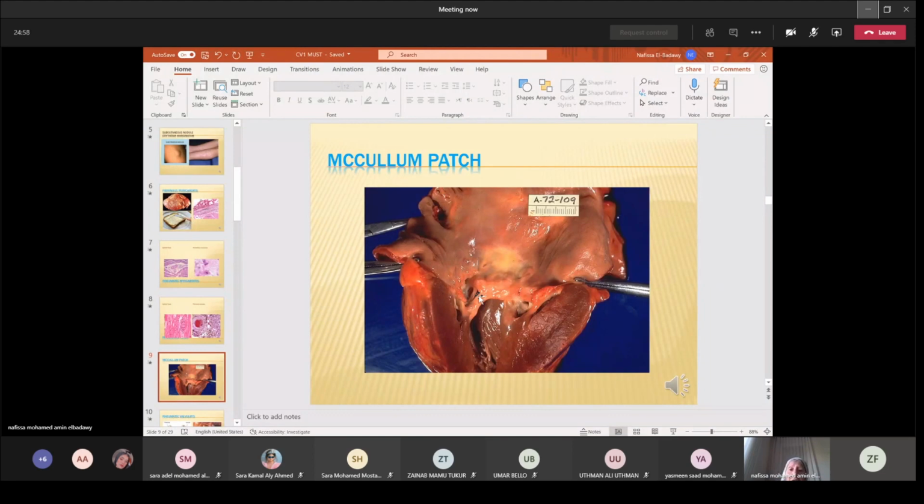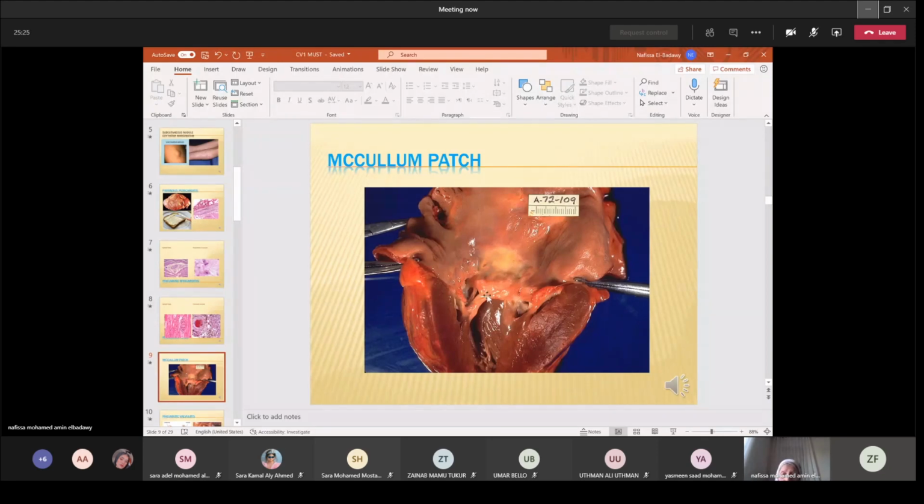These vegetations are small thrombi composed of platelets and fibrin. They are present on the atrial surface of the valve, 1 millimeter from the margin of the valve.